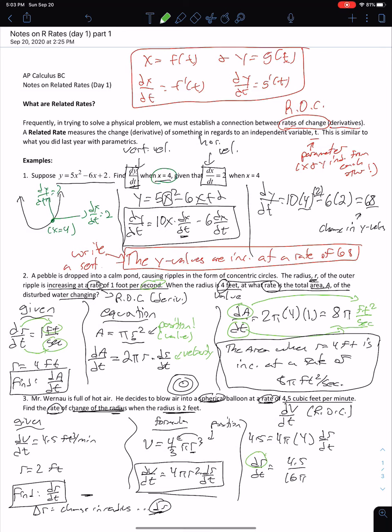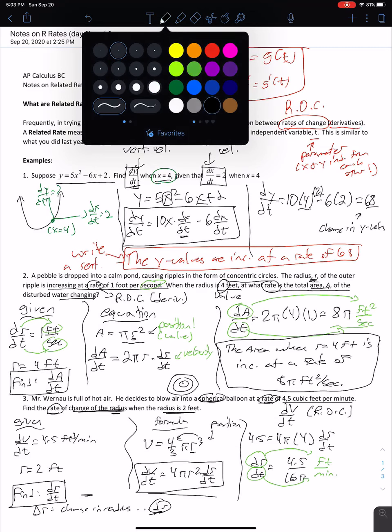dr/dt, how are we measuring radius? Well, radius is measured in feet. Remember, radius is a unit, not like square unit, over the change in time, which is measured in minutes here. So now I got to write my sentence.